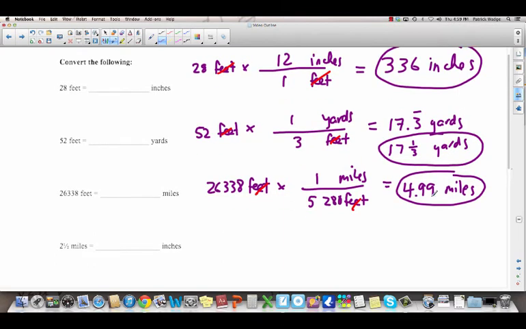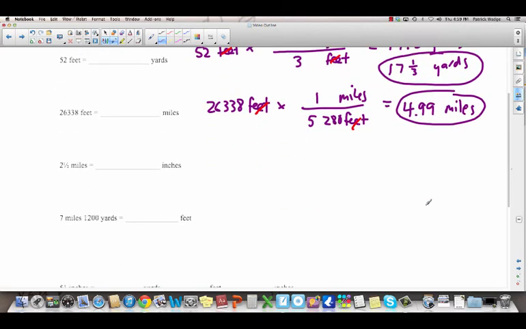Okay, next. 2.5 miles equals how many inches? Now, I know most of you know how you would deal with this. 2.5 miles. But I want to show you, sometimes you have fractions that aren't so easy to switch to decimals. Like what if you had something like 2 and 1/7?